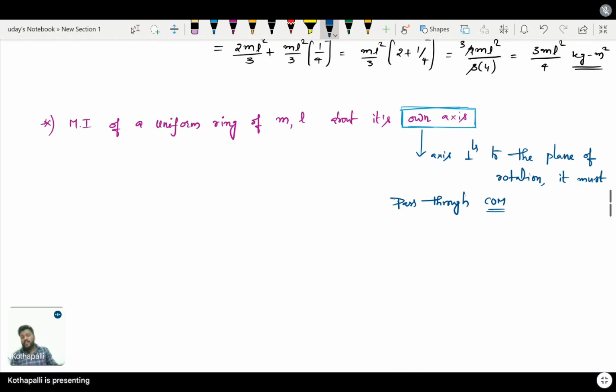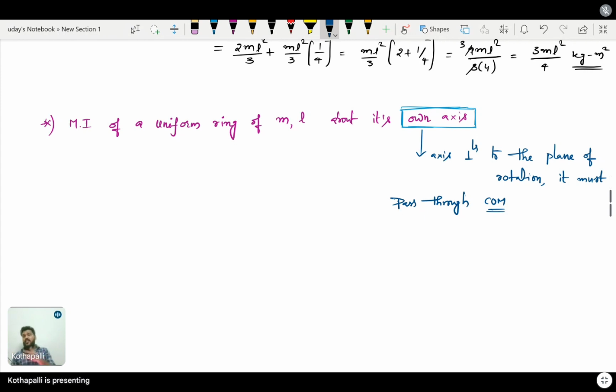Generally, the plane of rotation is valid only for two-dimensional bodies, 2D laminas, like a ring or disc or plate or sheet. If you take a sphere, like a hollow sphere or solid sphere, every axis passing through the center of mass will be an own axis, because whatever the axis is, if it passes through the center of mass and the body rotates about it, that becomes the plane of rotation.